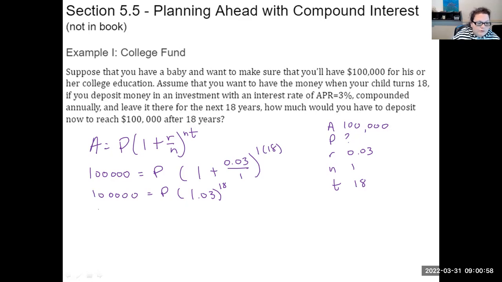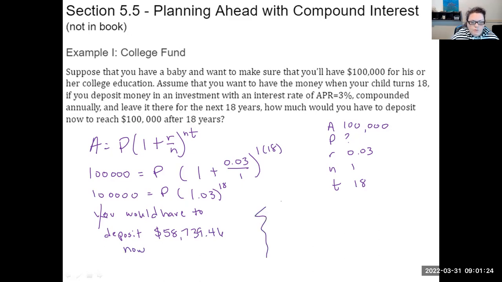You would have to deposit $58,739.46 now. How much interest would you receive? Well, the interest, if you want 100 grand at the end, you're going to have to subtract the amount you invested.